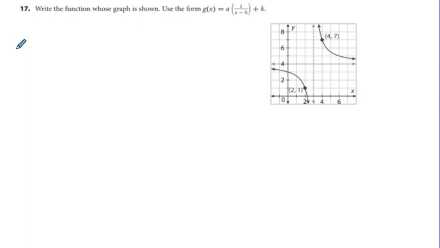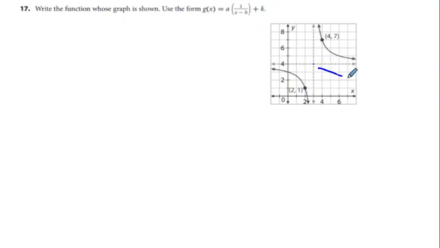Okay, now 17 through 20 we're given the graphs, and we're trying to use the graphs to write the function in that standard form, and we are given a center value here.